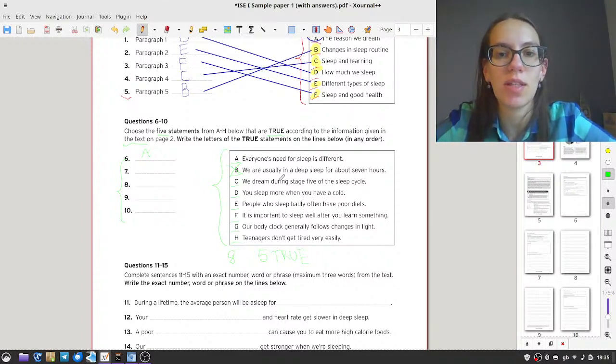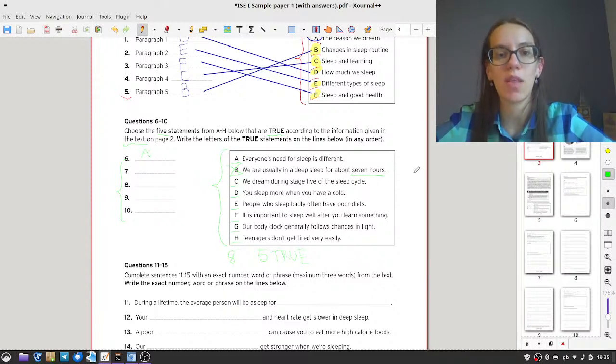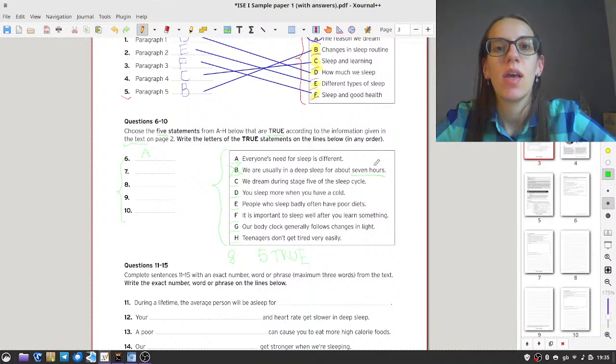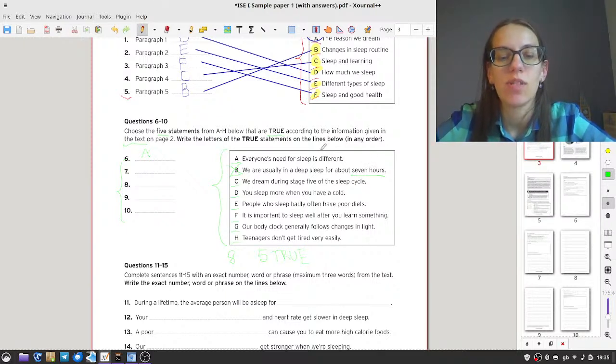In fact, we see that 7 hours is the time we sleep altogether, all of the stages of sleep. At night we sleep around 7 hours. Well, maybe someone a bit more or a bit less, but in general, around 7 hours. Definitely not all 7 hours in deep sleep. That's not true. So we do not write B.